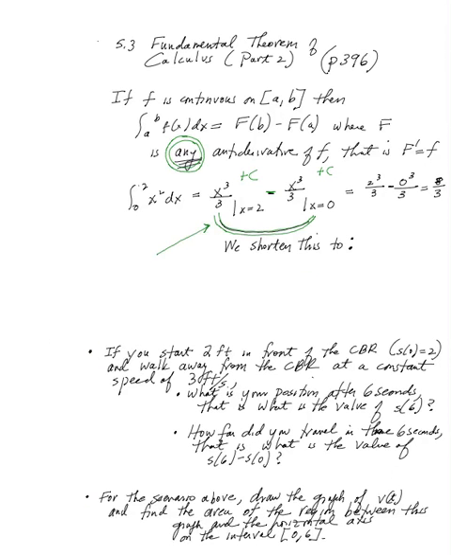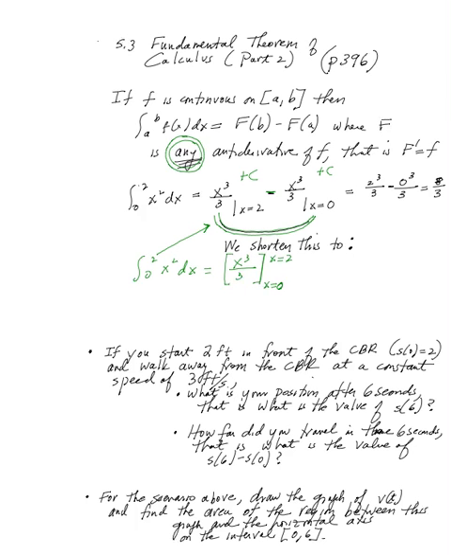But we normally shorten that to this piece right here. We say x equals 0, x equals 2. Sometimes we write it like this.